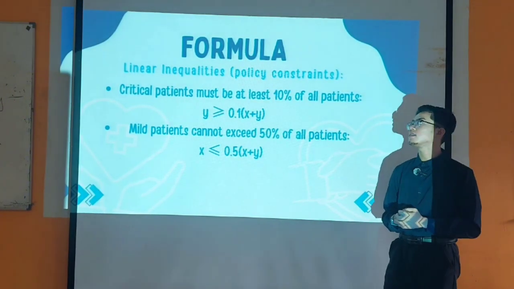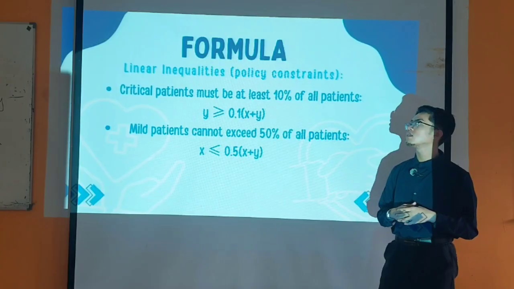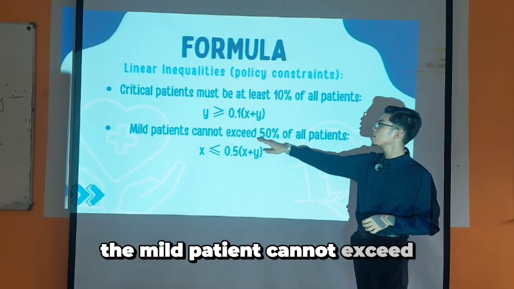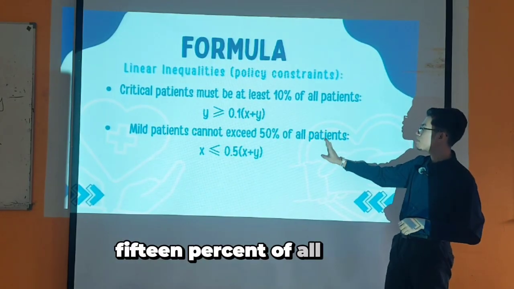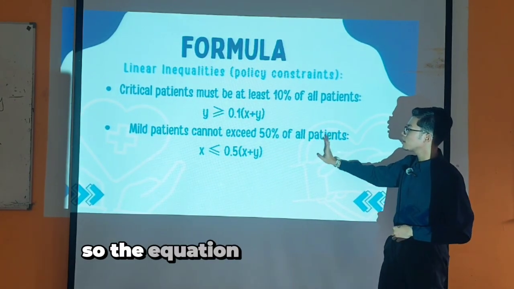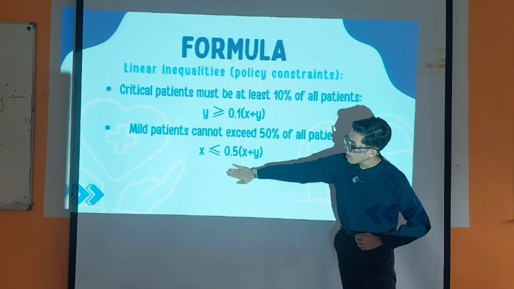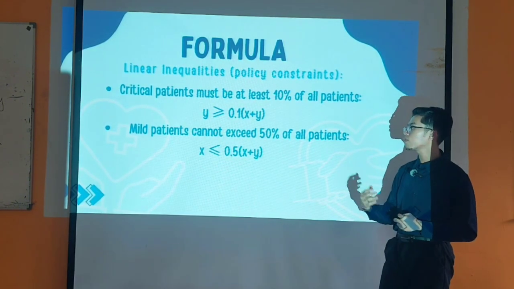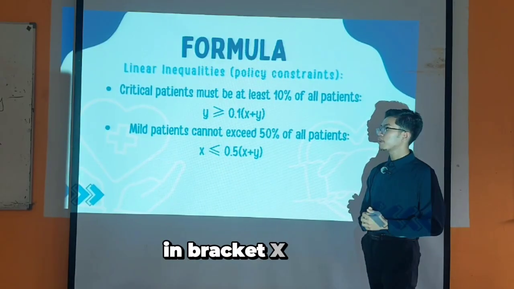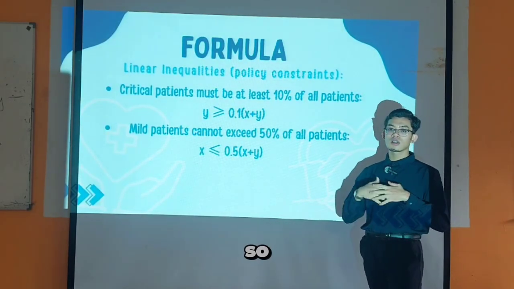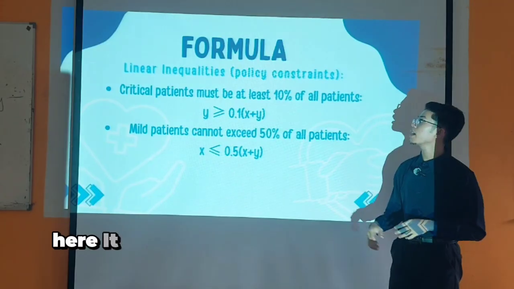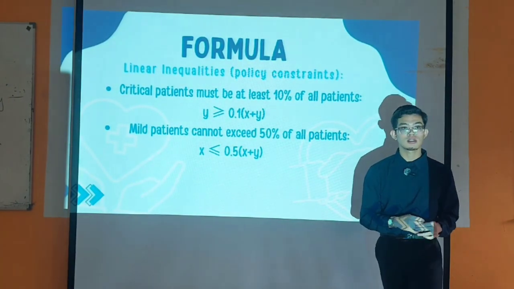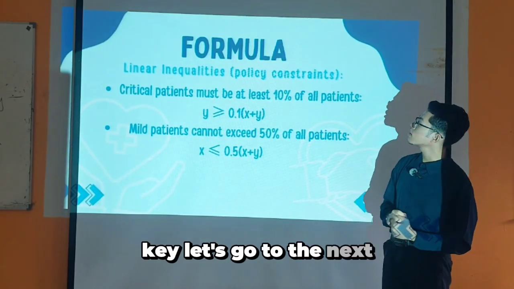The second equation is that mild patients cannot exceed 15% of all patients, so the equation is x is less than or equal to 0.5 times (x plus y). So here there are only two policies that we need to understand. Okay, let's go to the next.